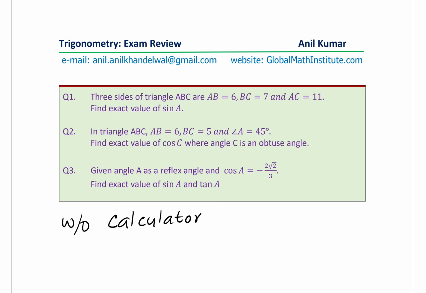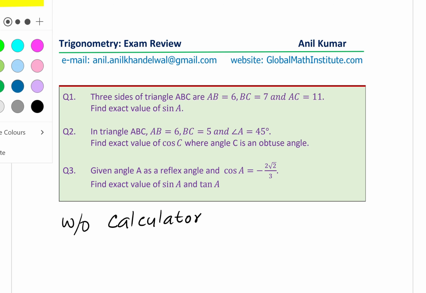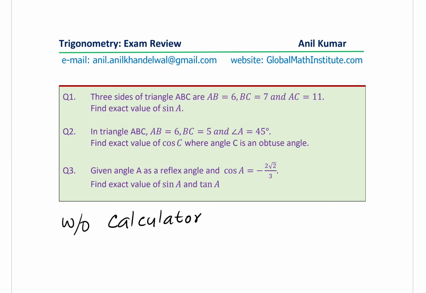Now the beauty of these questions is that we began with a condition where the cosine law can be applied, right? So we had a case of side, side, side. So that means cosine law. But what do we need to find? We need to find the sine value.